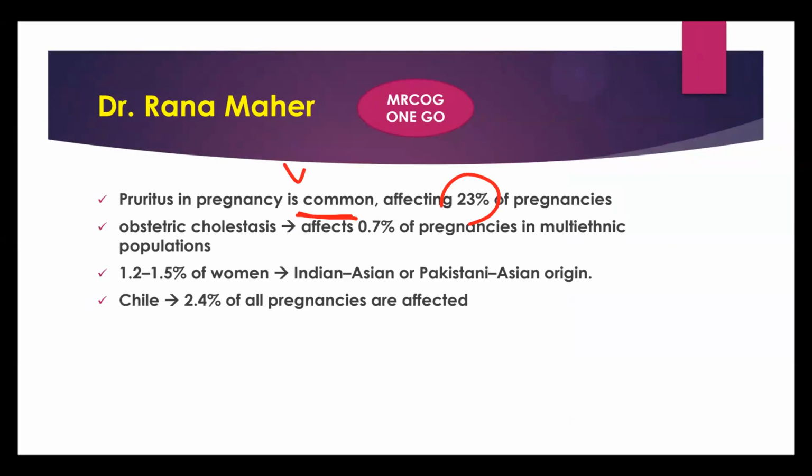For obstetric intrahepatic cholestasis, it's 0.7% in multi-ethnic populations. In some ethnic groups like Indian Asian or Pakistani Asian groups, it will be 1.2 to 1.5%. And in Chile, it will be 2.4%. If you don't like the numbers, please just remember this one and that one. Okay?